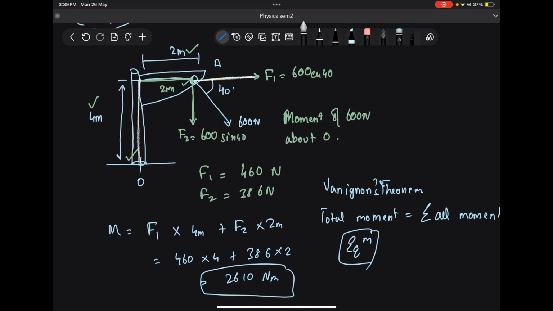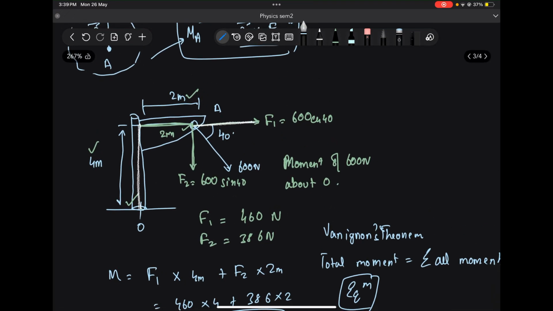Now we can also use the principle of transmissibility, and this is a little bit more complex, and I'll still try my best to explain this. Basically, see, this force is acting along this direction, right?